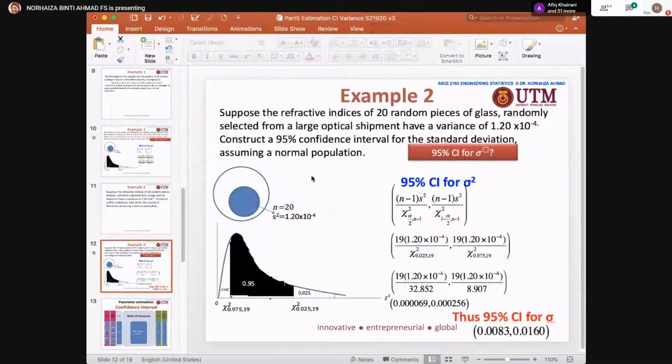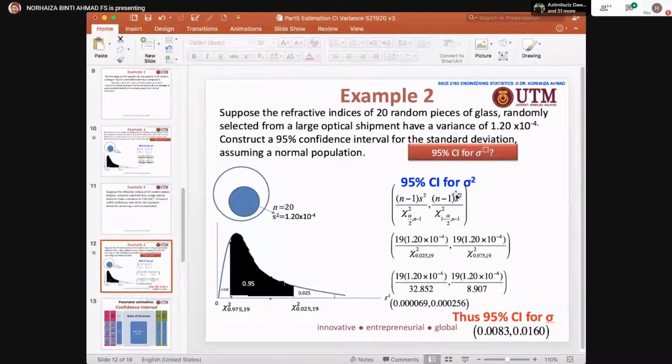Okay. So here, you've got s squared 1.2, again 0.95, but this time n is 20. So therefore, your degrees of freedom is 19, n minus 1. Now, the confidence interval formula that you have just now is for the variance. So if you want a standard deviation, you need to square root each value of the limits.